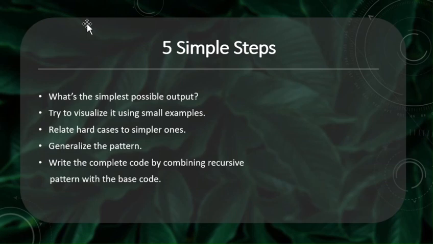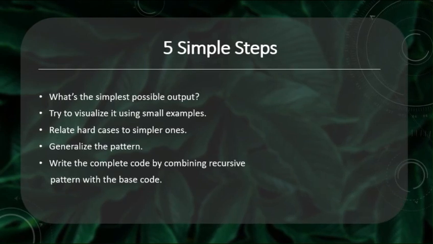The first one is to identify the simplest possible outcome, that is basically the base case, and then visualize more examples, try to find out the recurrence relation, and then how can you break the bigger or harder problems into smaller or simpler ones, and then that's it. That's all it takes. Now you just have to use all that to arrive at a particular recursion pattern and implement it in your function by combining it with your base code.